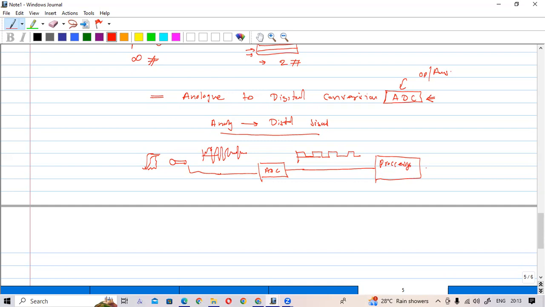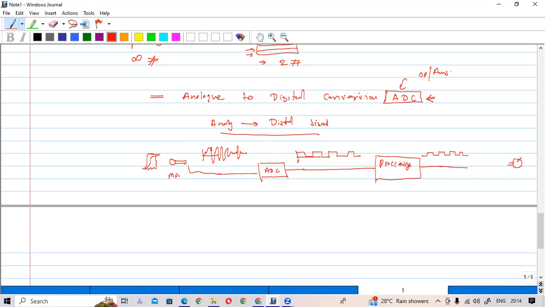Now again you need to hear the voice after processing. Now this processing is also digital, so the output also will be a digital signal. But you want to convert this into sound, using a speaker.